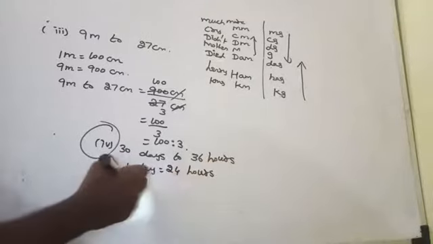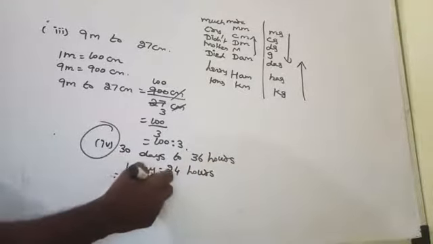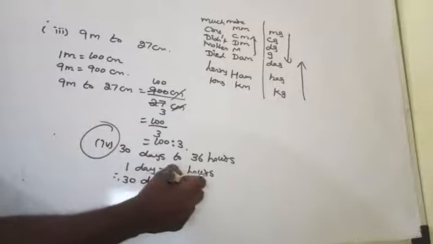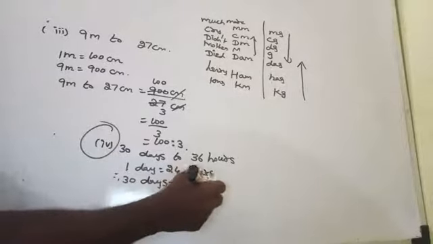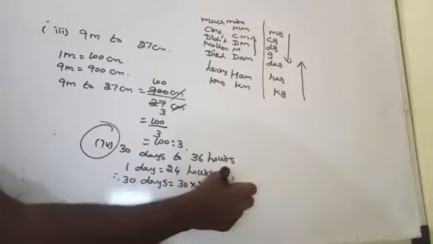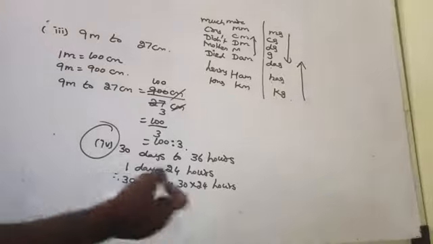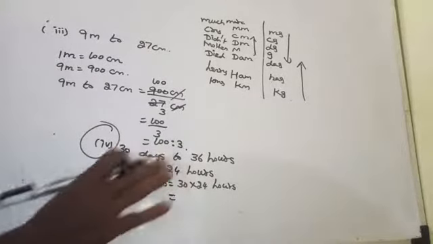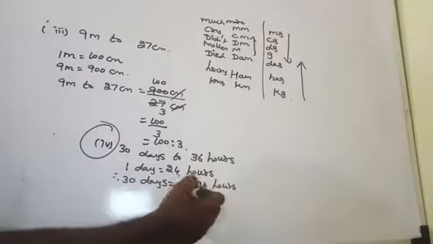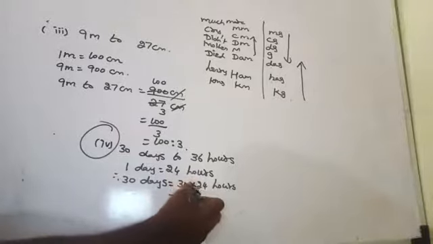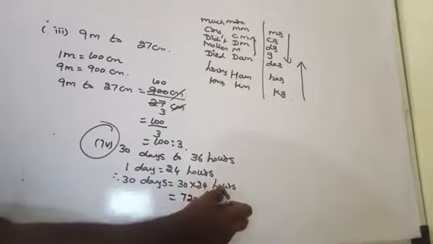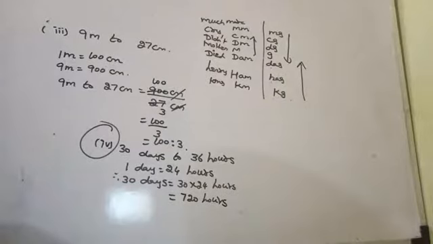So therefore, 30 days is equal to 30 into 24 hours. Are you getting it, dear? If you want to multiply, you can multiply, otherwise better you can keep it as it is. If you multiply 24 into 3 is 72, so 720 hours. Now we can easily compare. How will you compare that?